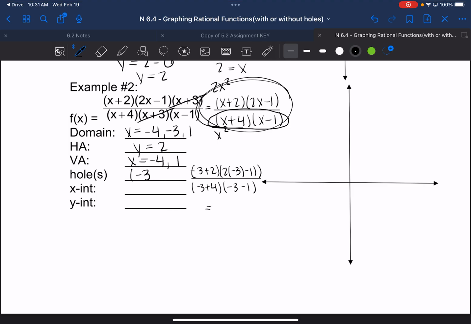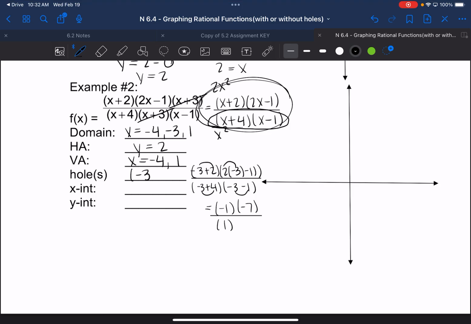All right, so negative 3 plus 2 would be negative 1, right? And 2 times negative 3 would be negative 6, and then we also have a minus 1. So negative 6 minus 1 would be negative 7, right? And then in the denominator, negative 3 plus 4 is 1.